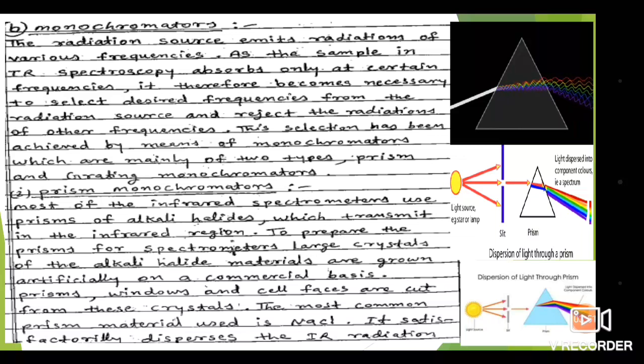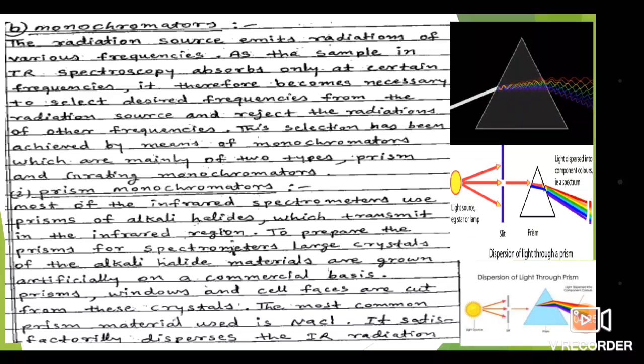The radiation is emitted from a source of electromagnetic radiation, such as Nernst Glower or tungsten filament, that is nichrome wire. Such sources of radiation emit different types of radiation with different wavelengths and different frequencies.